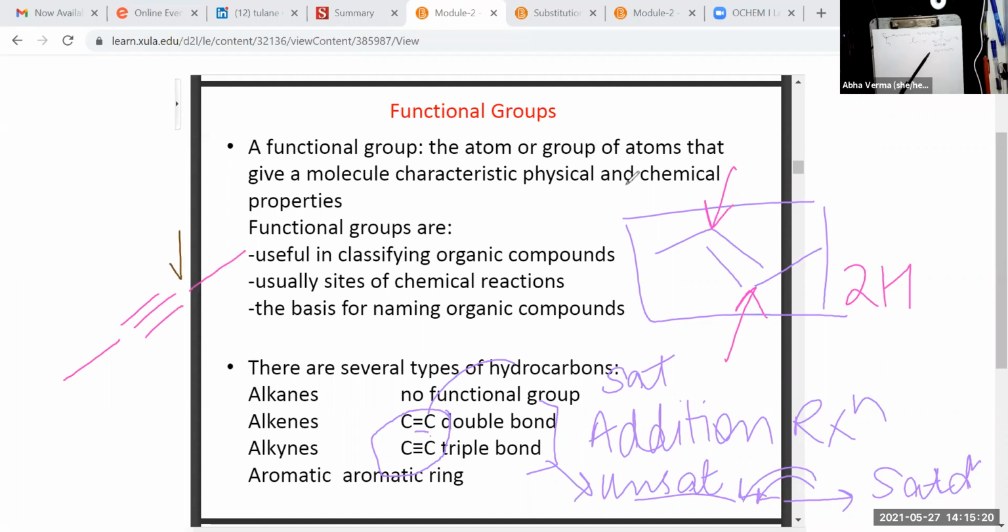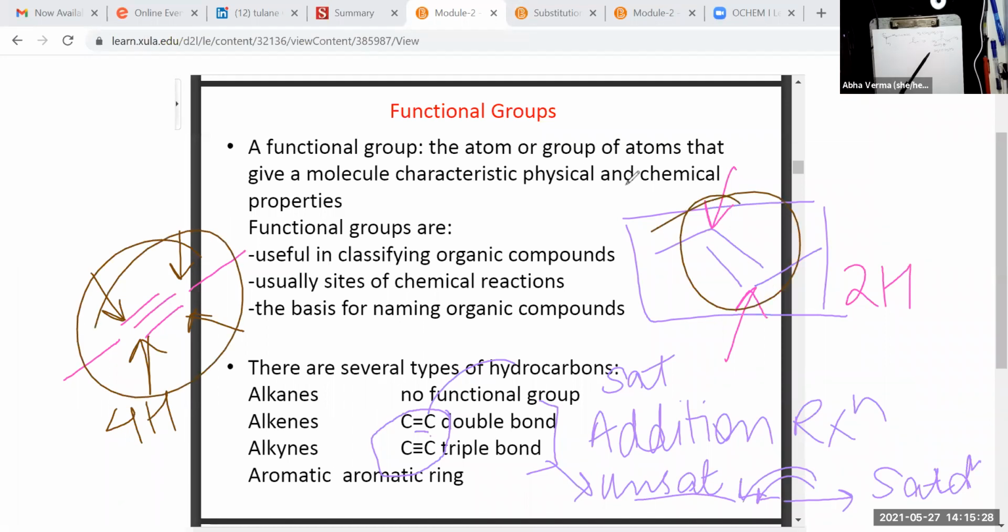On a triple bond, you can add 4 hydrogens. So, you know, some functionality is there in alkenes and alkynes also, but no functionality is present in alkanes. And this is something that we will be struggling with again when we go to modules 8, 9, and 10.